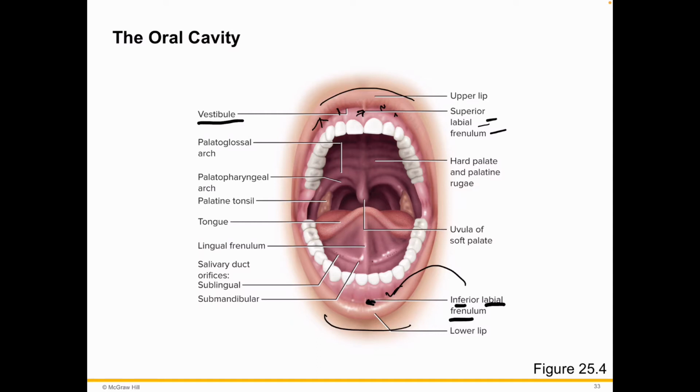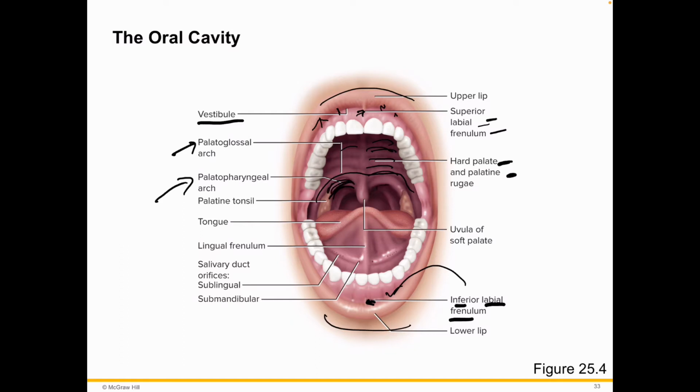Okay, the hard palate and palatine rugae. So rugae means there are these rough ridges right here. This is the palate itself. The palatoglossal arch is the big one at the end, back up here. The palatopharyngeal arch is going to be the one that's actually in the pharynx proper, right?